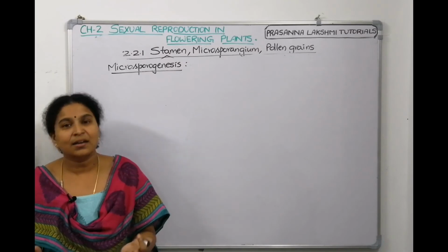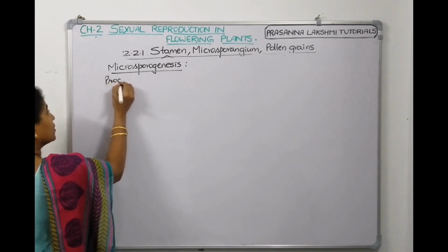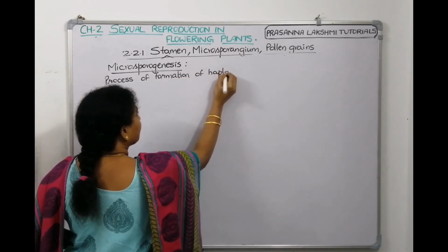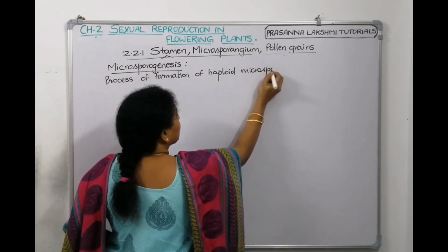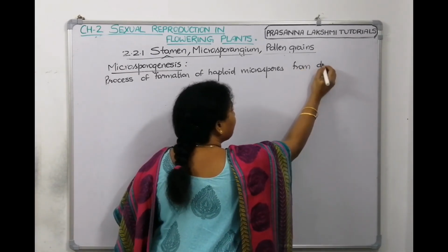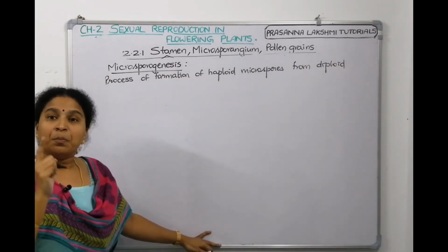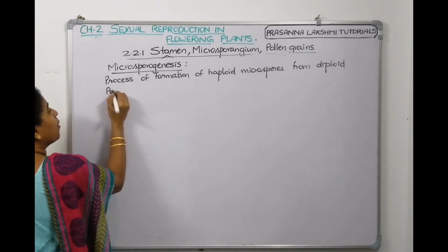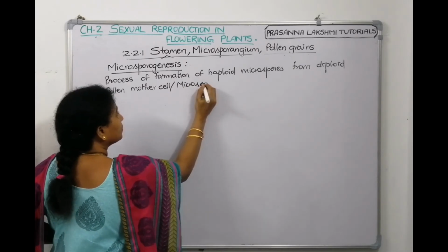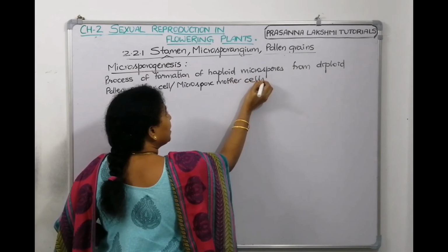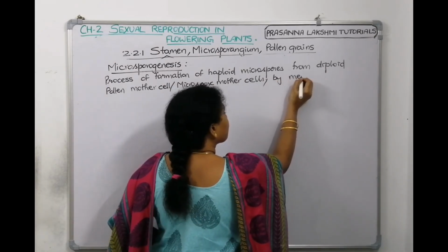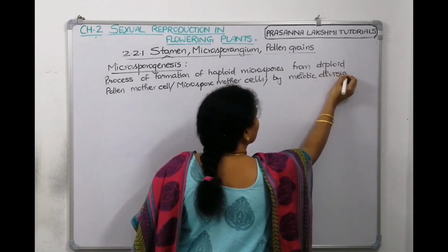So from a diploid you are getting haploid structures, which involves meiosis.